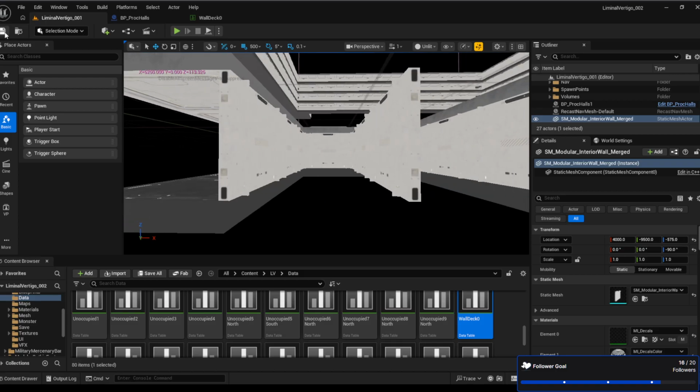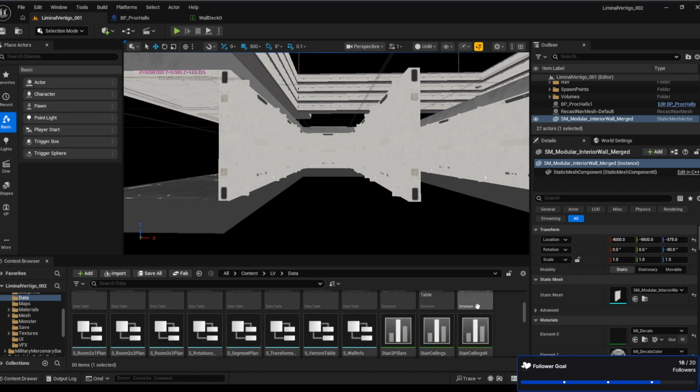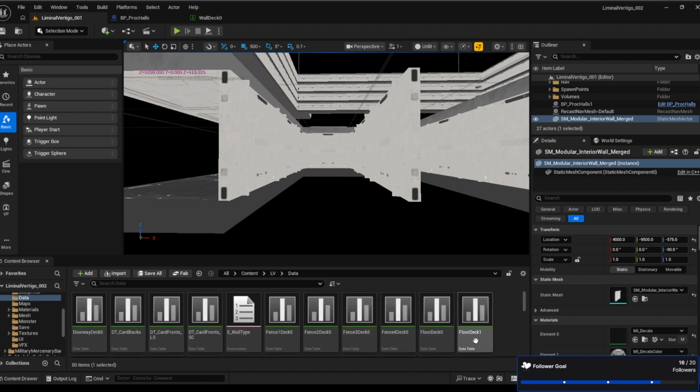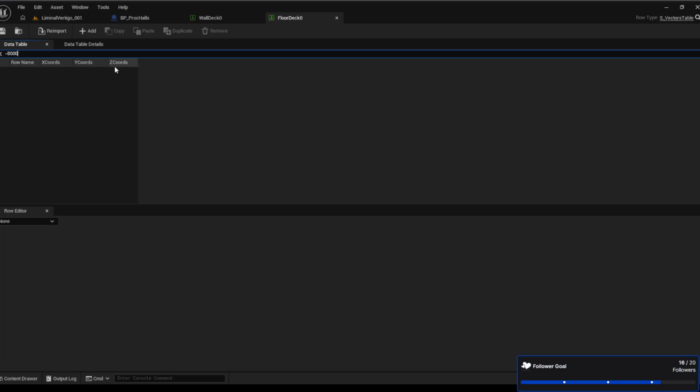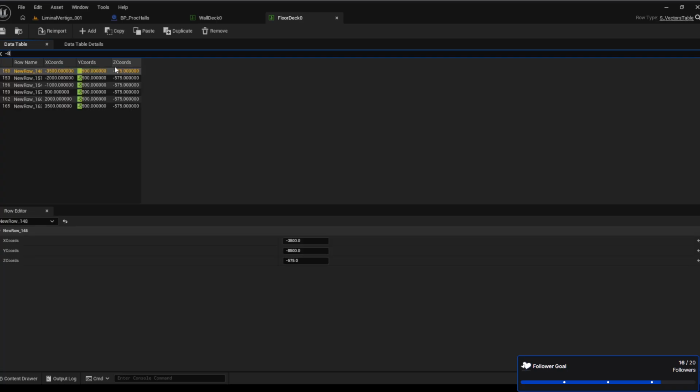So I need to move the floors over. And that is floor deck 0. This one up here. So I need to look for, to tell the truth, I don't know what to look for here. I'm just going to guess. Which one of these is it?